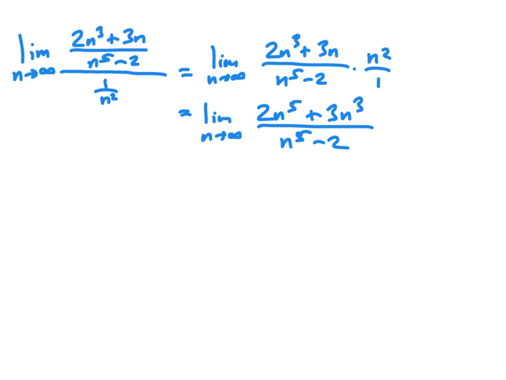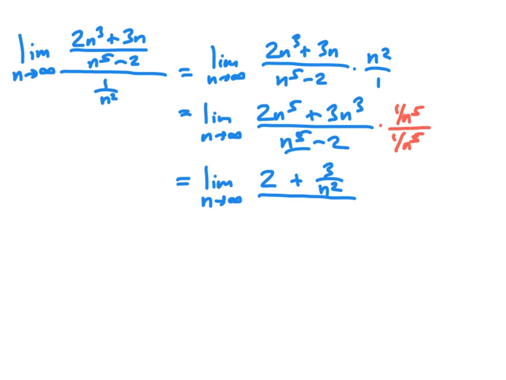We're taking the limit of a rational function, and we can simplify this one by multiplying and dividing by 1 over n to the fifth, because the largest power of n in the denominator is n to the fifth. And so we have the limit as n approaches infinity of 2 plus 3 over n squared, all over 1 minus 2 over n to the fifth.